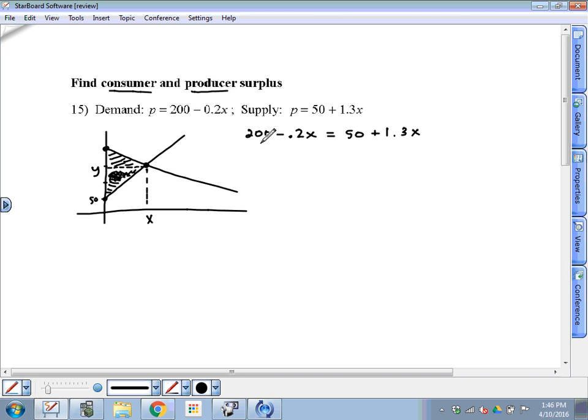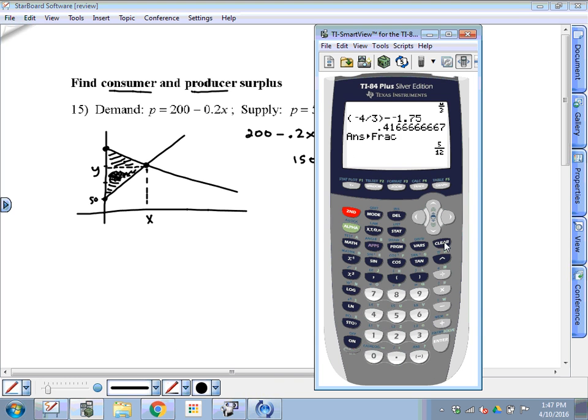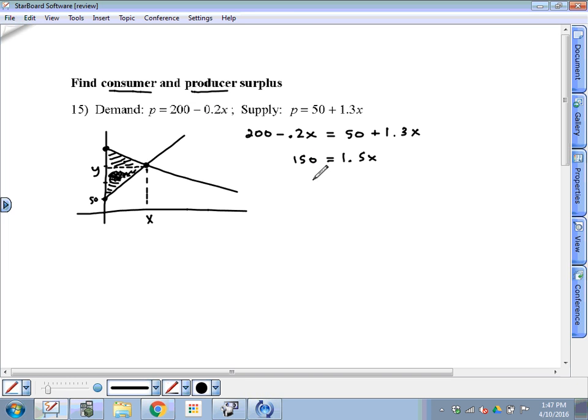Subtracting the 50, we get 150. So 150 equals 1.5x. And dividing by 1.5, x is 100. So the x value is 100.